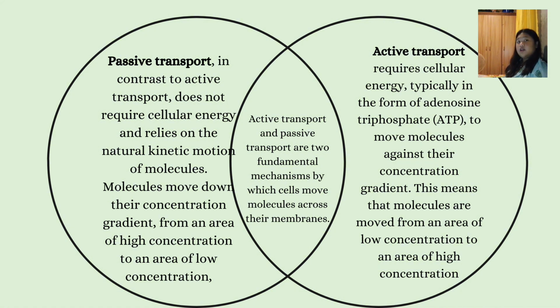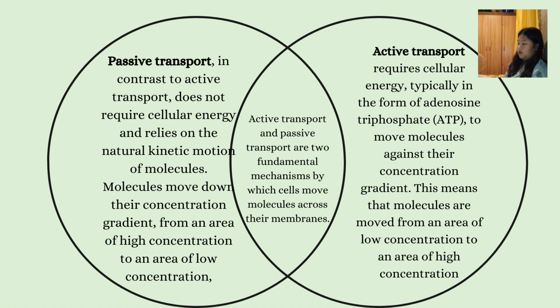So here we also have active transport, which requires cellular energy, typically in the form of adenosine triphosphate or ATP, to move molecules against their concentration gradients. This means that the molecules are moved from an area of low concentration to a high concentration.